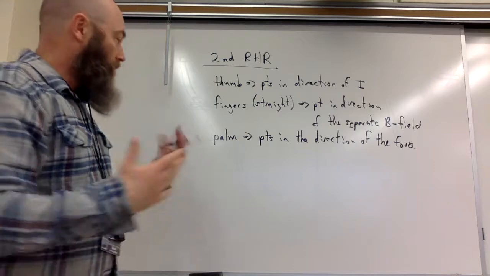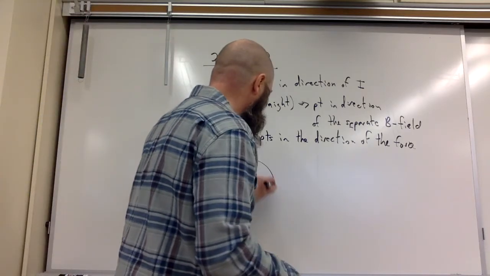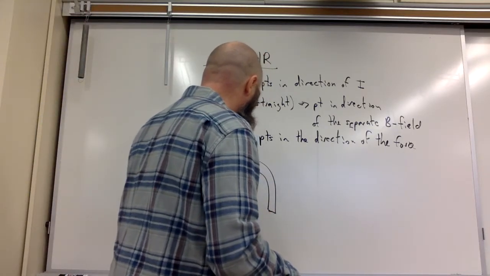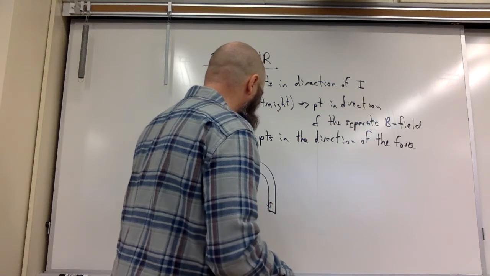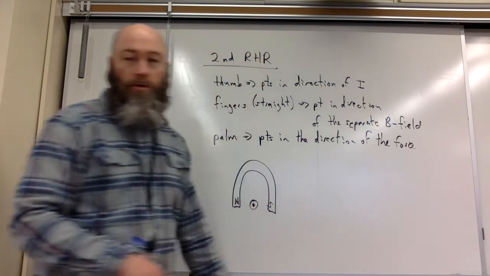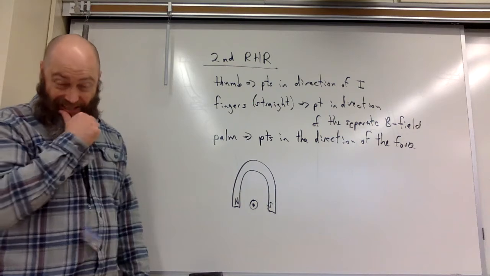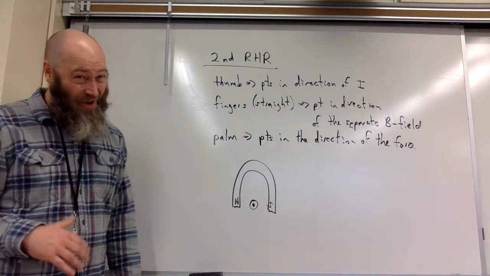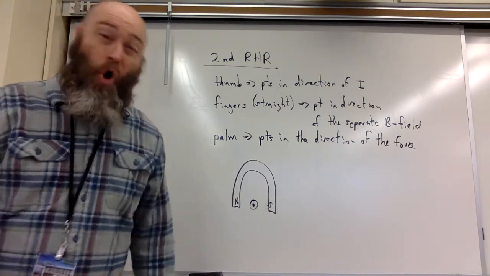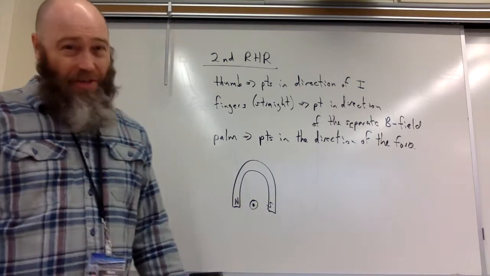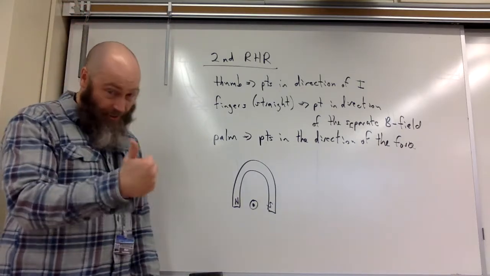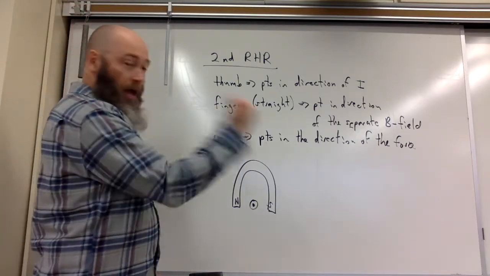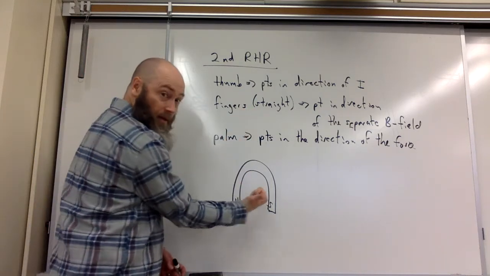So again, we had a problem like this, north, south. My current's going this way. If I was doing this, and you're going to need to do this with me, don't just think, oh, I can just watch and understand. No, you're going to have to actually try it. My thumb is pointing this way.